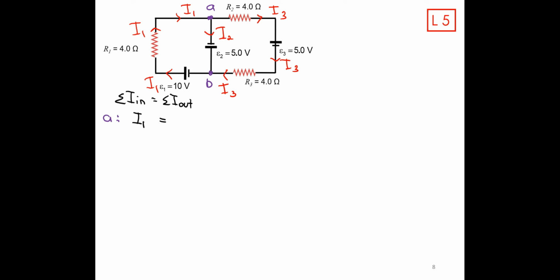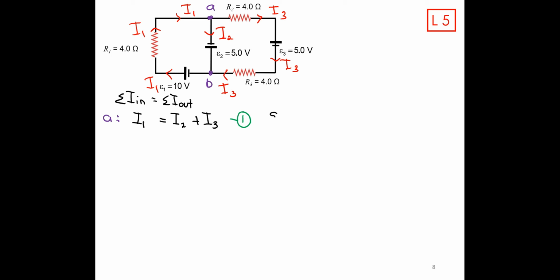And I out is represented by I2 and also I3, because they are away from junction A. So I1 equals I2 plus I3, and I make this equation number 1.